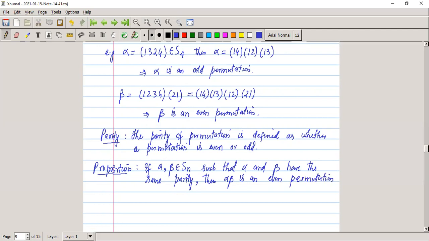So if we have two permutations in Sn that have the same parity, then their product is always an even permutation. Let's call this part number 1.